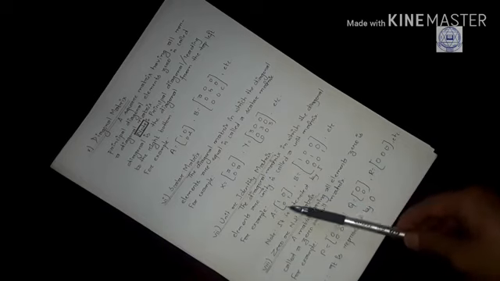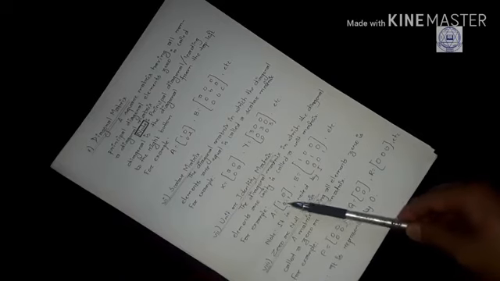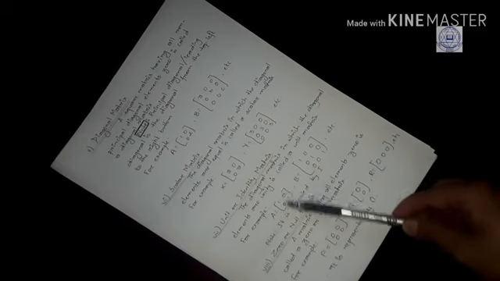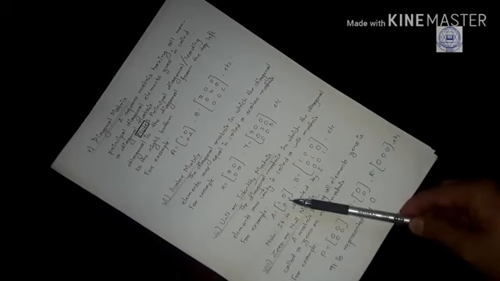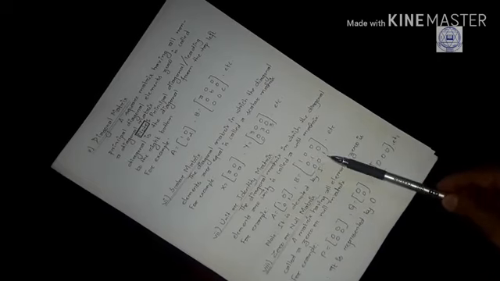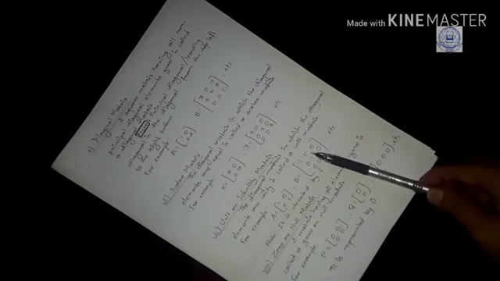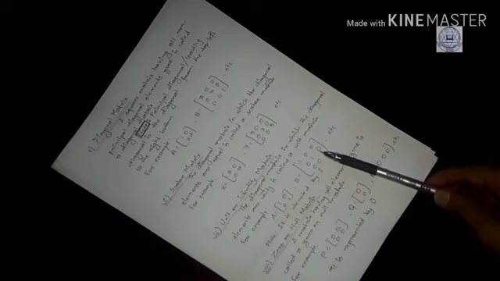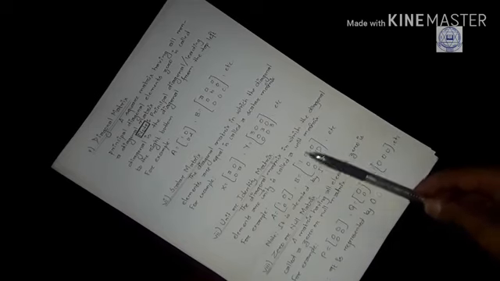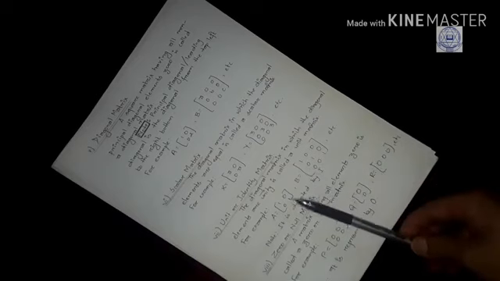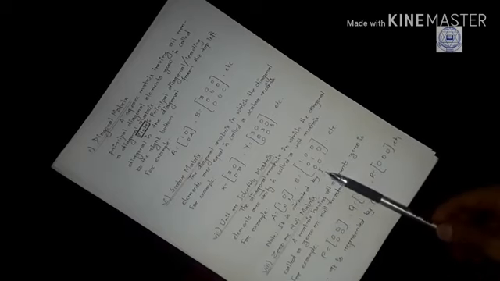See here, this is a square matrix, a diagonal matrix, and the other elements are 0, but the diagonal elements are 1. It is a square matrix. So it is very simple, and it is denoted by I. Identity matrix is denoted by capital I.